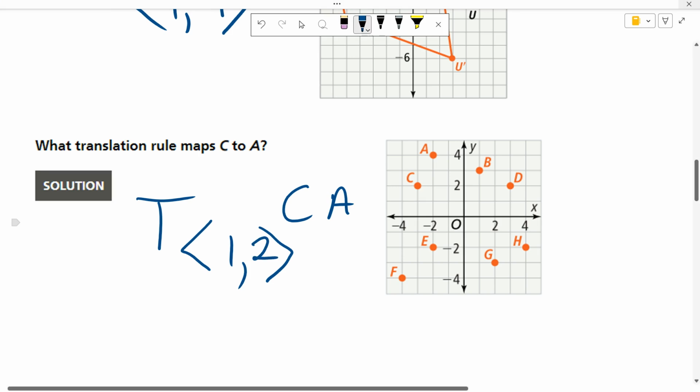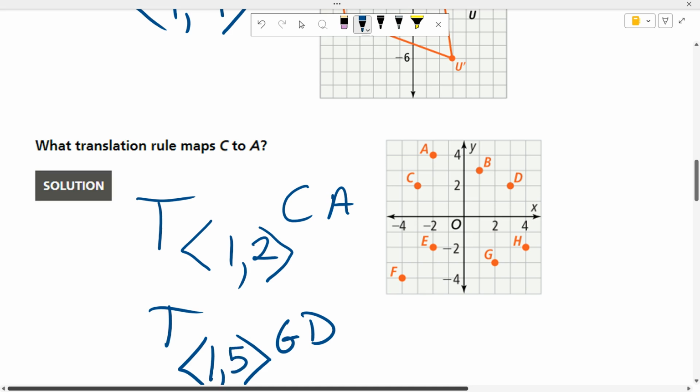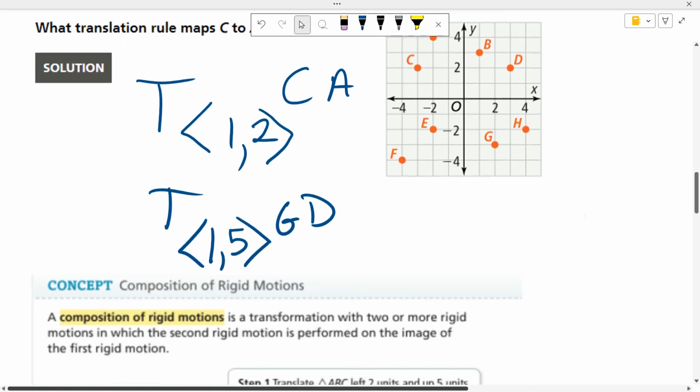Let's go the translation from G to D. Right 1, up 5. From G to D is right 1, up 5.